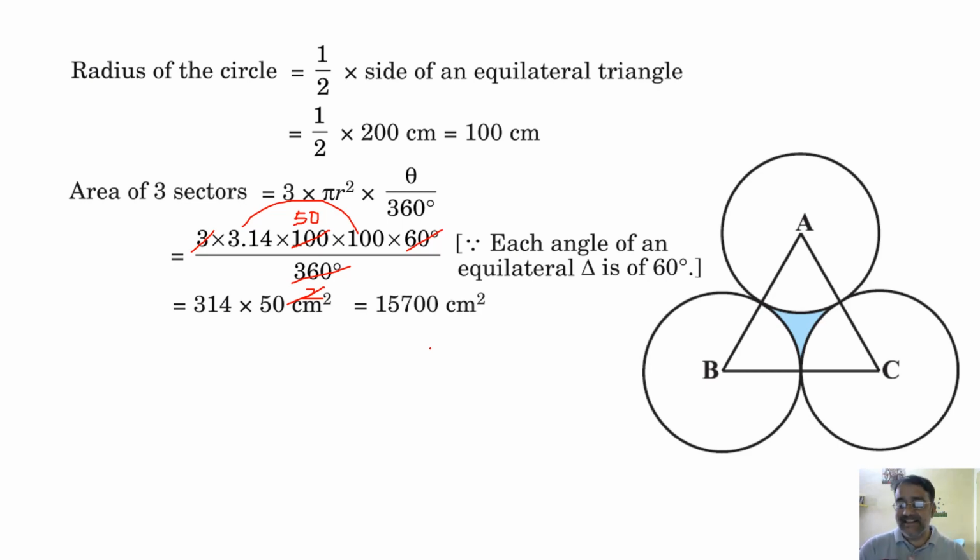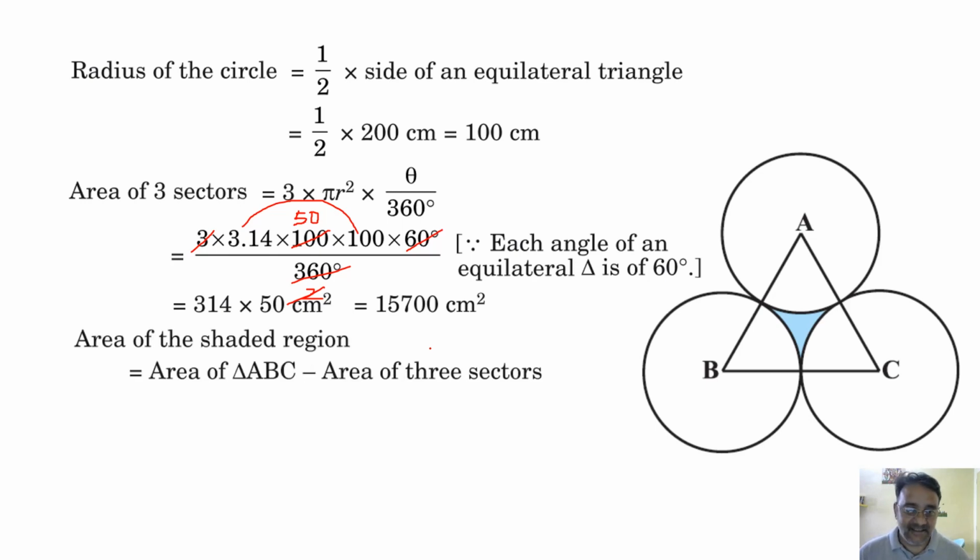So area of three sectors we got. Now area of shaded region, as I told you at the beginning, that area of triangle minus area of three sectors. Area of triangle, it is given in the question, that is 17,320.5. Now we have to subtract this number, so we'll get 1,620.5 centimeter square. Any doubt in this question?